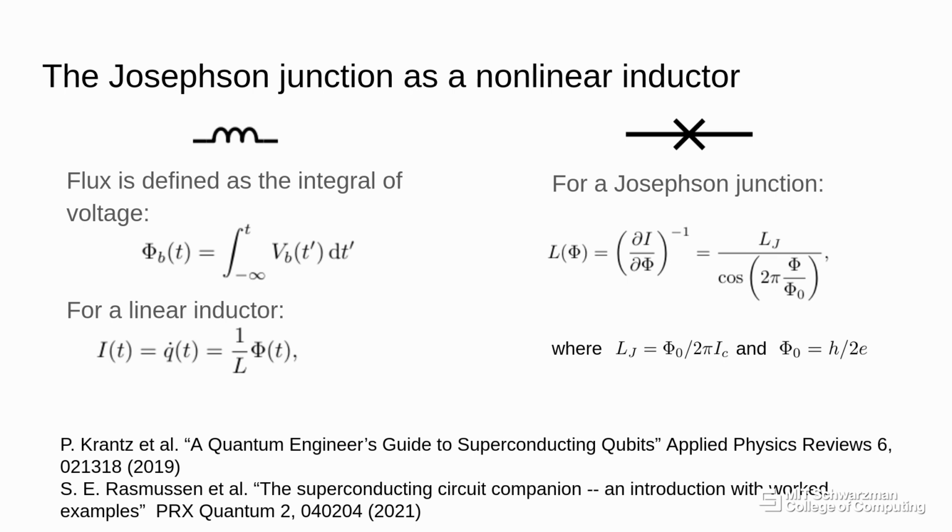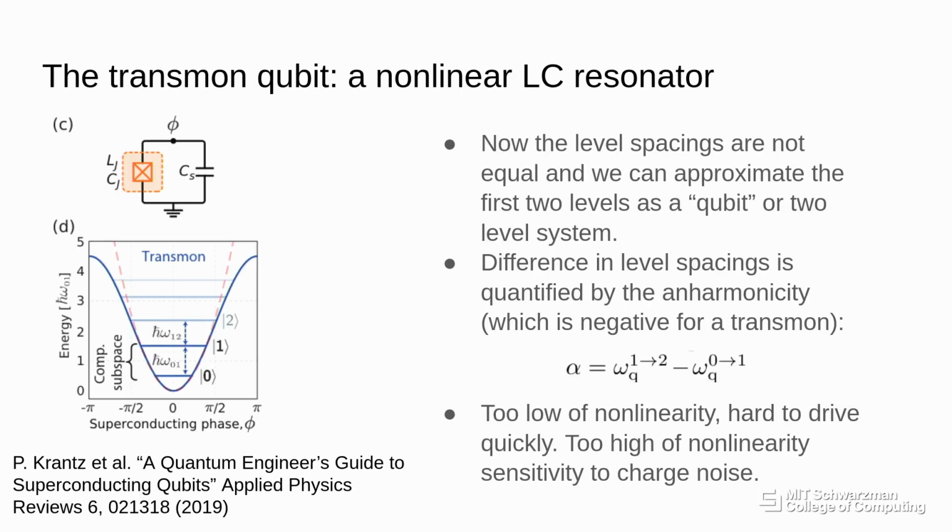In a Josephson junction, it's related by this factor we call the Josephson inductance divided by this cosine of phi. And that cosine of phi, when phi gets large enough, creates nonlinearity, and this is the ingredient that we need to make qubits. And as we'll talk about later, this is also the ingredient we use to build amplifiers to measure the qubits.